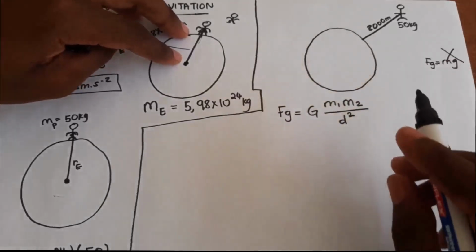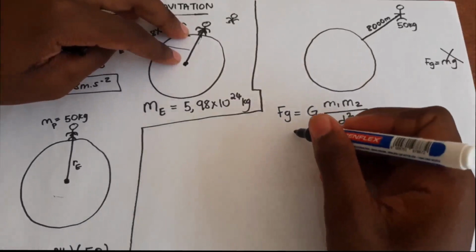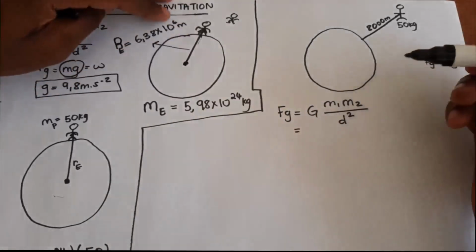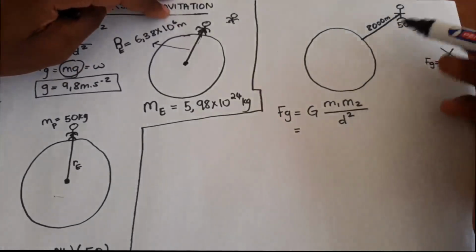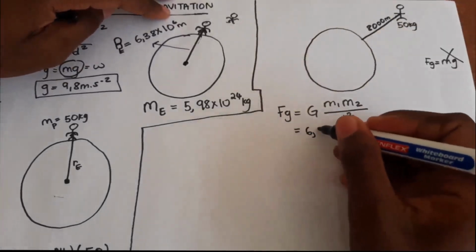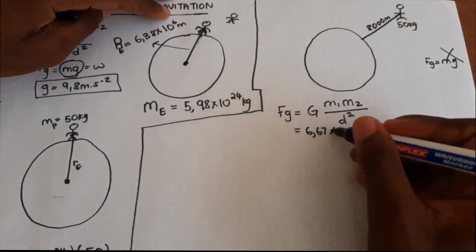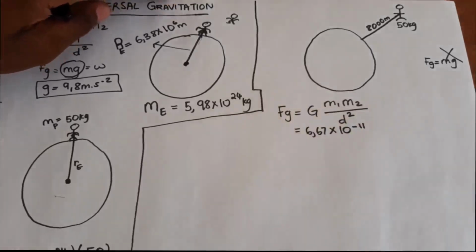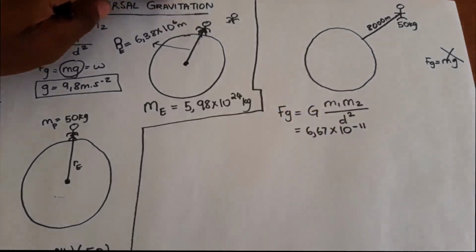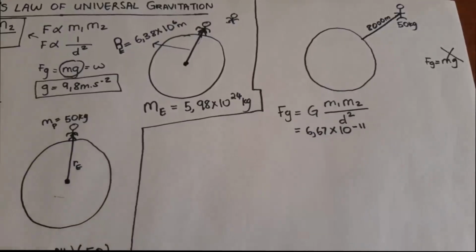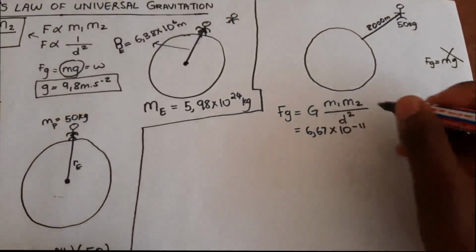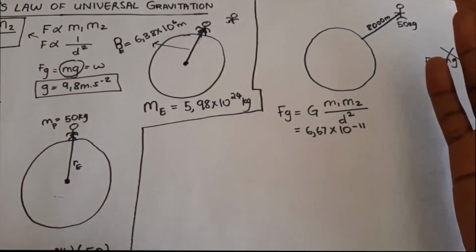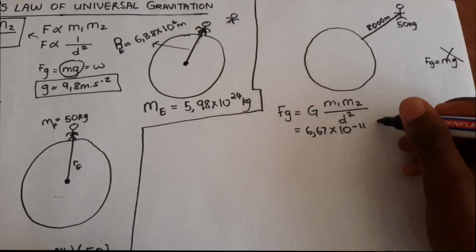Okay, so let's solve the problem. This will be equal to what? 6,67, the gravitational constant is always the same, multiplied by 10 to the power of negative 11. m1 is the mass of the earth.